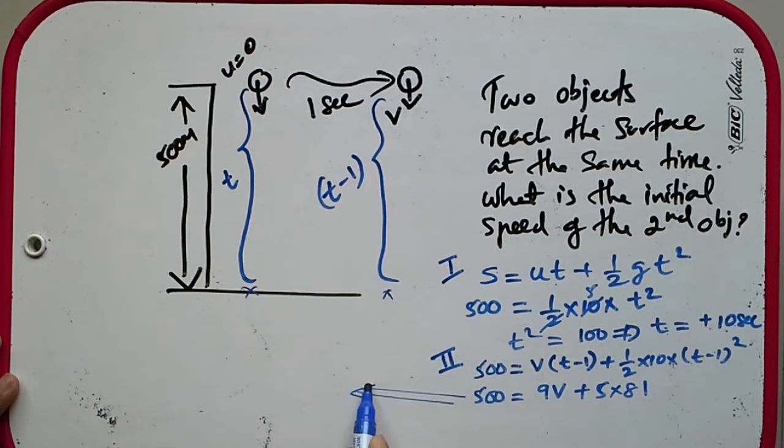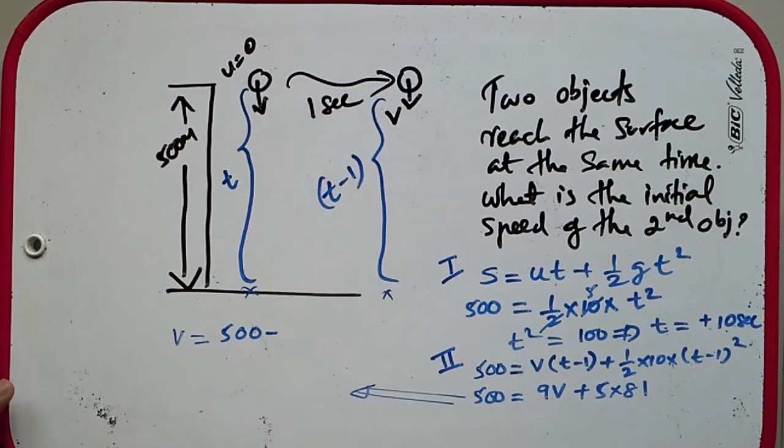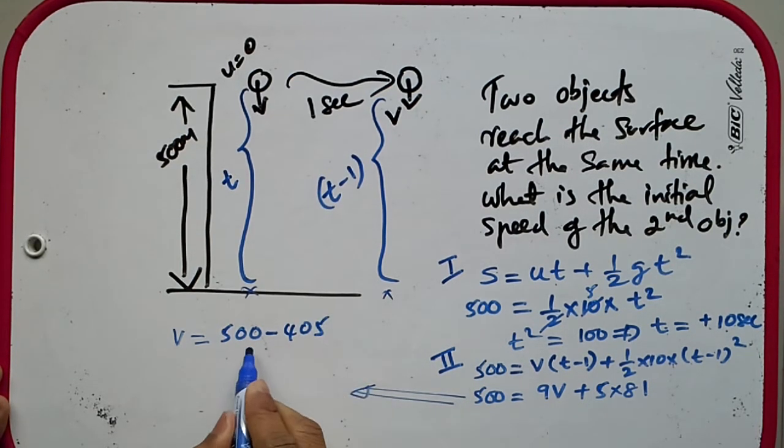So from here I can say v is equal to 500 minus 405, if you multiply 81 times 5 it is 405, divided by 9. So what is the answer?